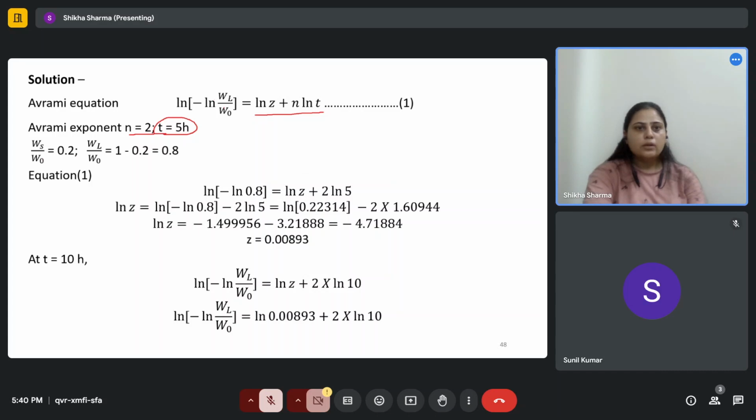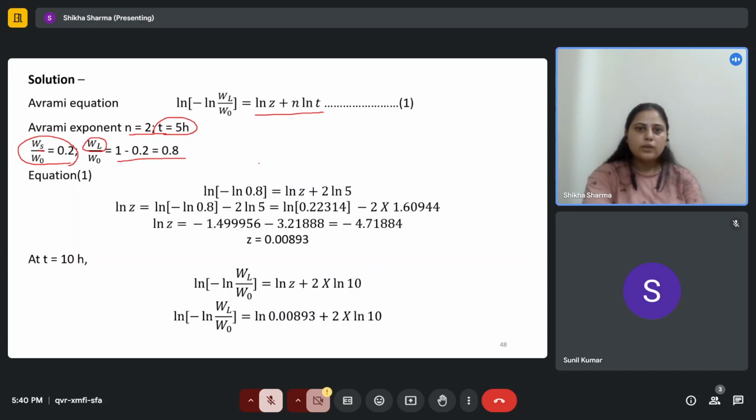So the weight fraction is already given, Ws by W naught equals 0.2. So we can calculate the weight fraction for the liquid, Wl, which is 1 minus 0.2, which is 0.8.